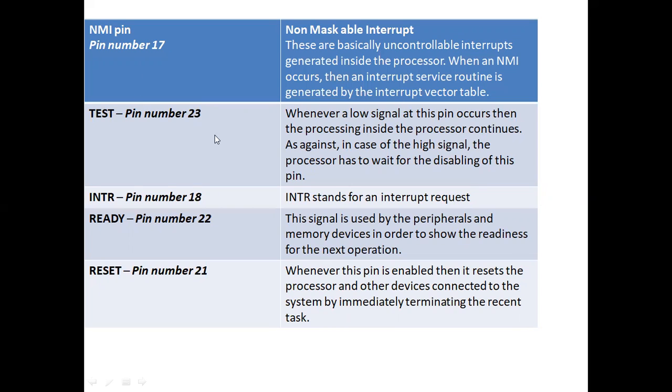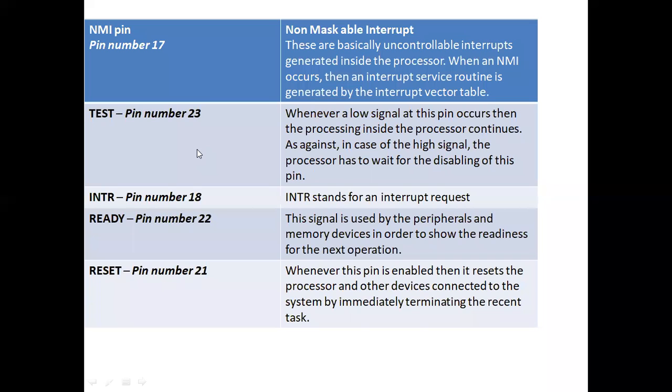Then the TEST pin. Whenever the test pin is low, it is for when the higher speed processor has to communicate with lower speed devices. For example, we are connecting speakers or microphones with our PC.